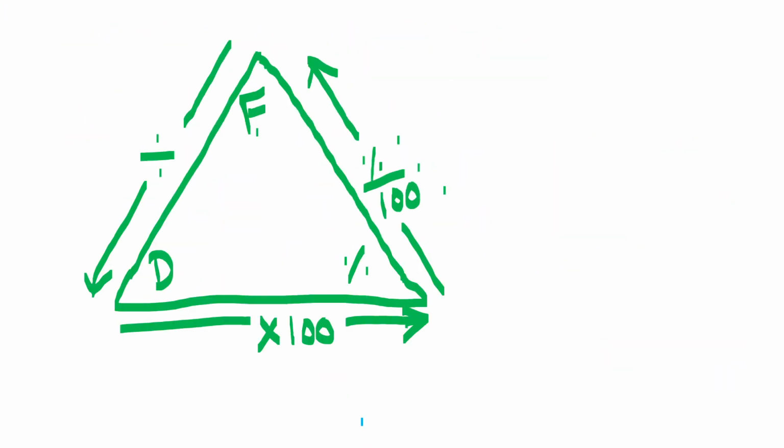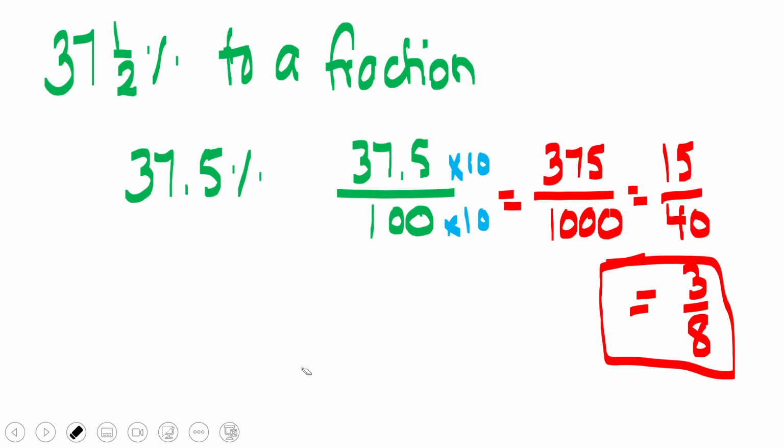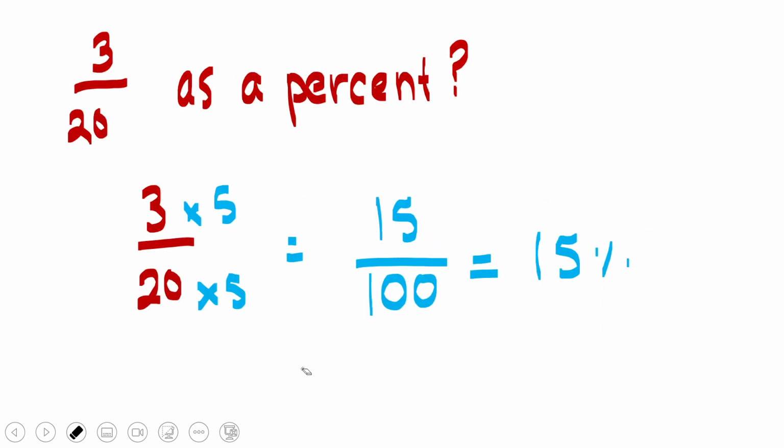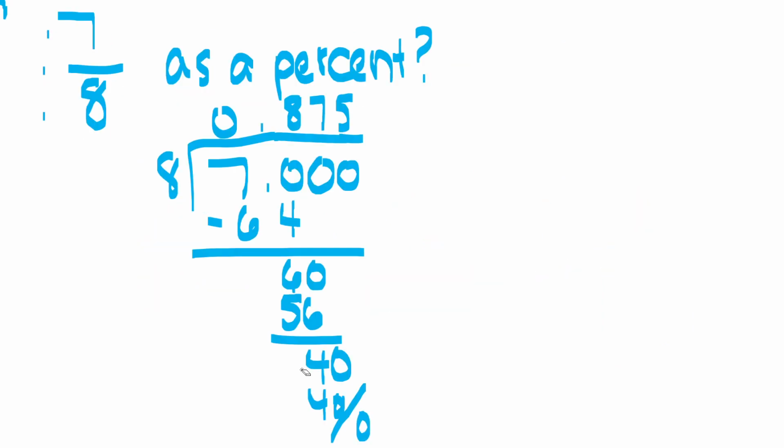Back to your flow chart. Okay, decimal to percent. We're going to multiply it by 100 to get there. Do you need the 0 in front of your decimal? It shows for the purpose of your problem there's no whole number value.